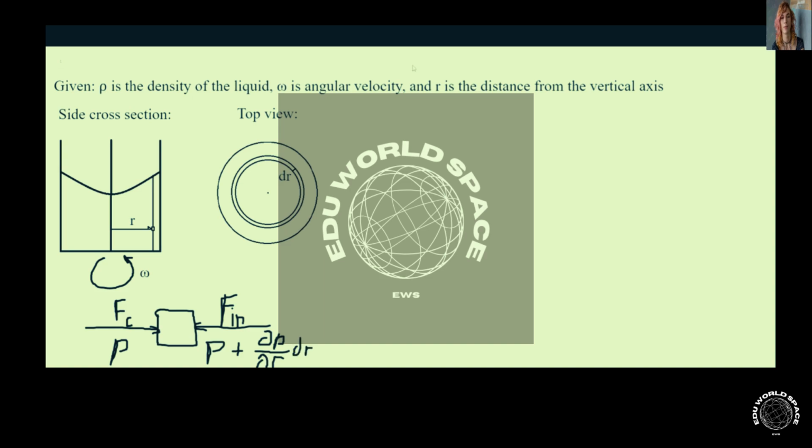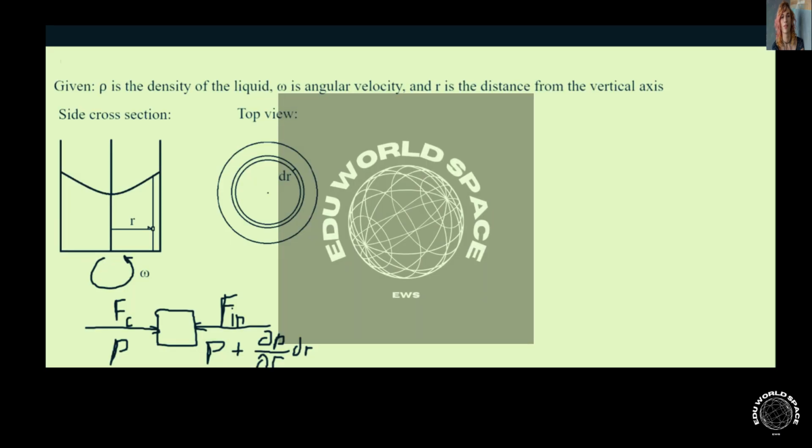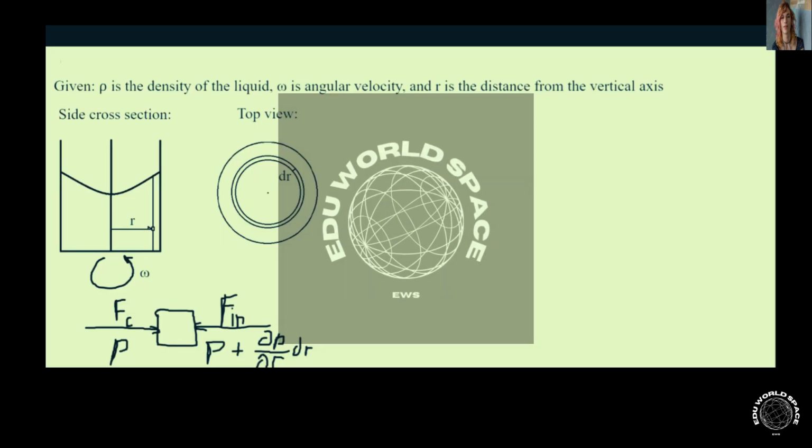Now that we have that, what else do we know? Based on our knowledge of angular acceleration, we know that the acceleration towards the center of the cylinder acting on this particle is going to be equal to a equals r omega squared.